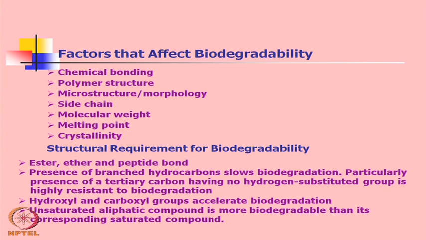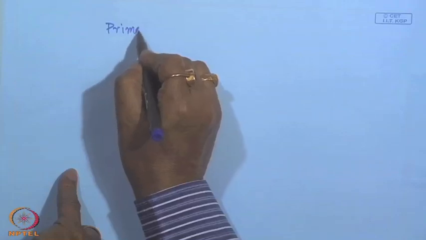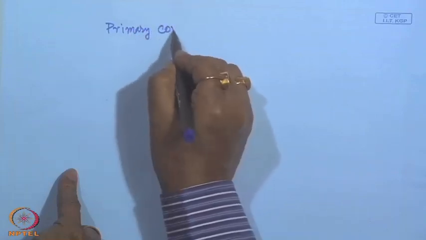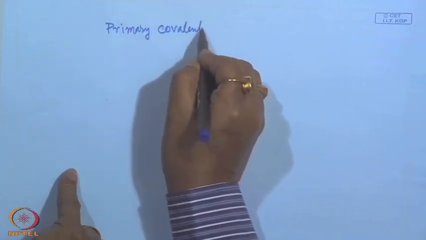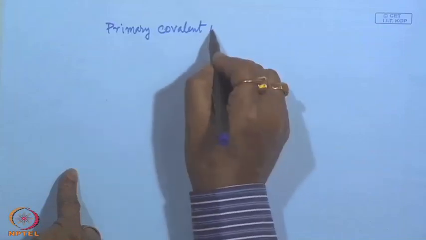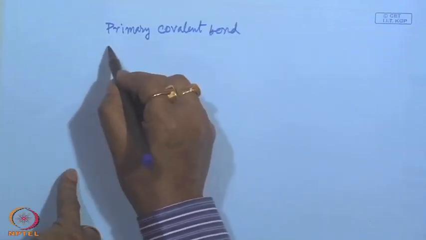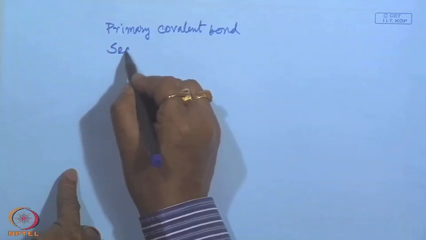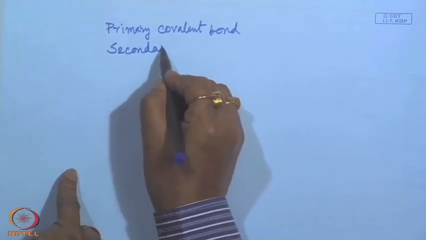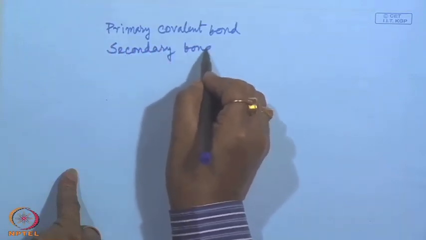Chemical bonding, I mean, as I told, primary covalent bonds and secondary bonds.